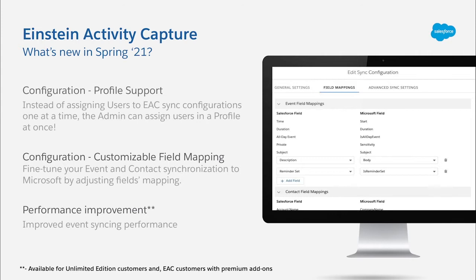You gain finer grained control over which Salesforce fields sync to which Microsoft fields, and you can even choose certain fields not to sync at all with our customizable field mapping options in configurations. And with our improved event sync performance, any updates made to a calendar event in Outlook or Gmail can now sync over to Salesforce in minutes.